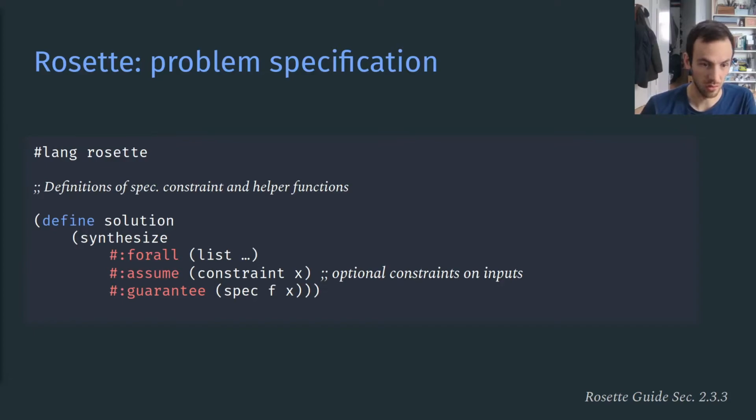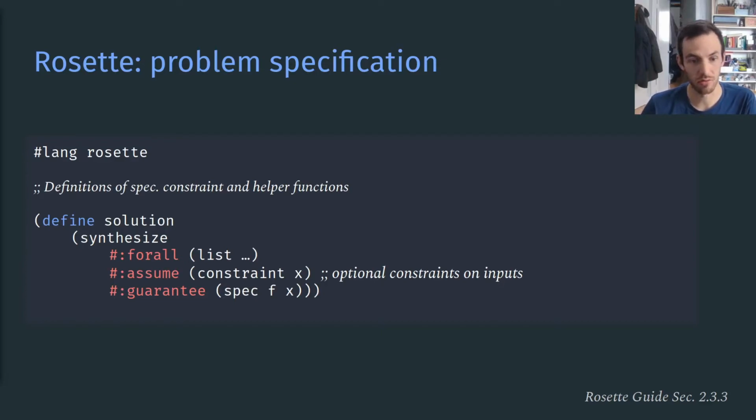The solution will be returned by the synthesize construct, which takes as argument, with keywords, forall list, where list is the list of variables that are universally quantified in the problem. Then an optional assume constraint, where the constraint has been defined previously. So you can add constraints on the variables that are in the forall argument.